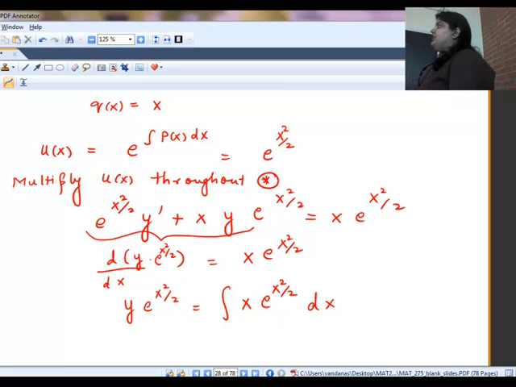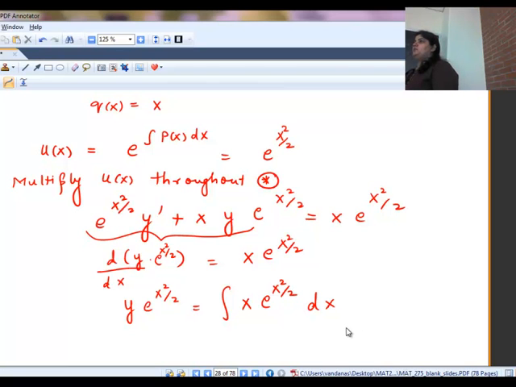So what is the integration of this function here? What's the integration of this? Quickly, it's easy.